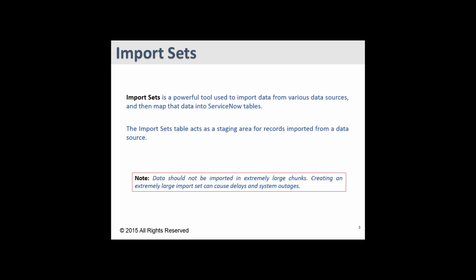I want 10 or 100 user records to be created in the system. In these cases, it is a bit difficult for us to create these records manually. So in those cases, we will create data in ServiceNow using import sets.